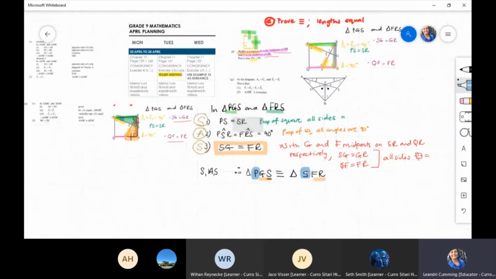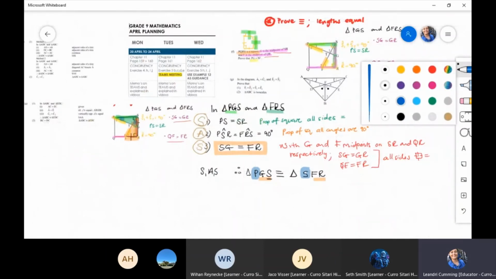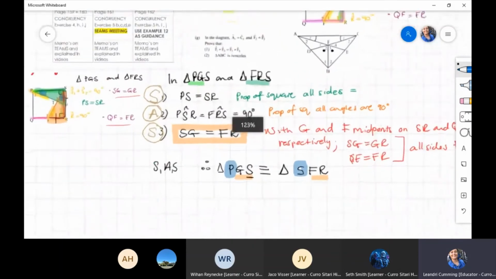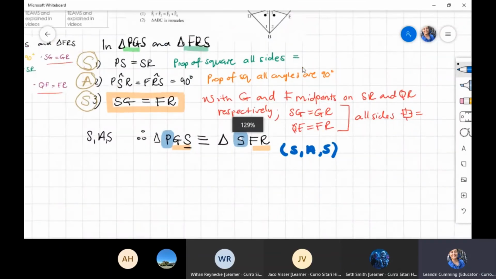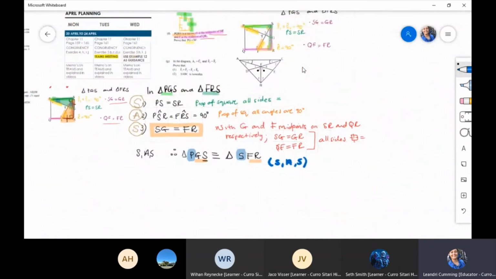And you've got congruency because of your side, angle, side, and that allows you to then state if those two triangles are in fact congruent, it means that PG is also equal to SF as asked in number F.